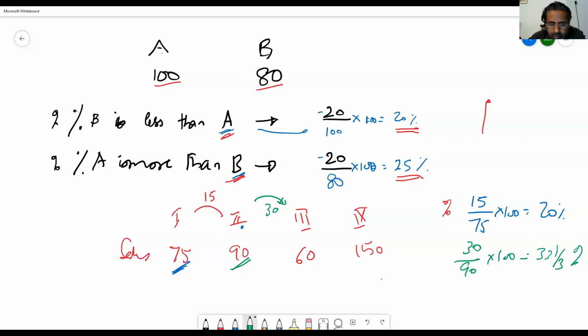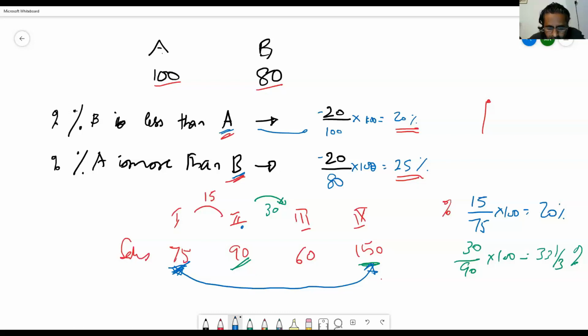Now, suppose I ask you another question. What is the percentage growth for the whole period? I'm talking about the whole period, so you're comparing the fourth year with respect to which year? With respect to the first year, because you're talking about the whole period. The whole period is a difference. So this is the comparison, this with respect to this.